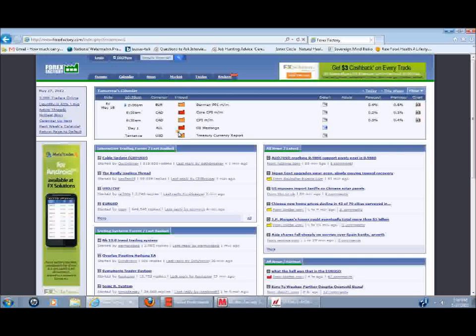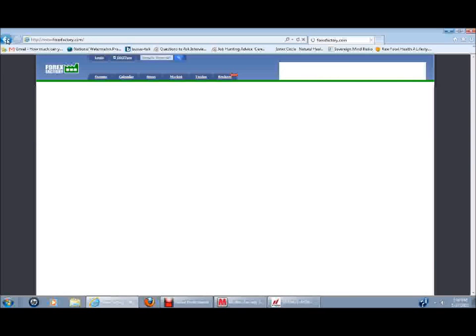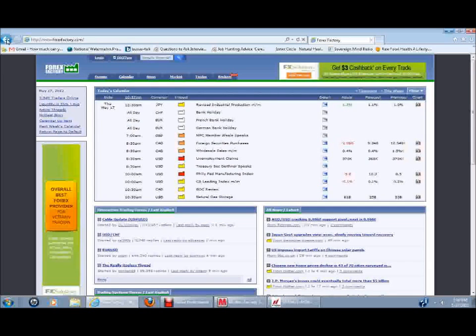Euro, nothing happening tomorrow. So we have Facebook coming out at $38 a share. So we know Facebook is going to be a leading stock. What does that mean? That means we're going to see the dollar probably do well tomorrow.